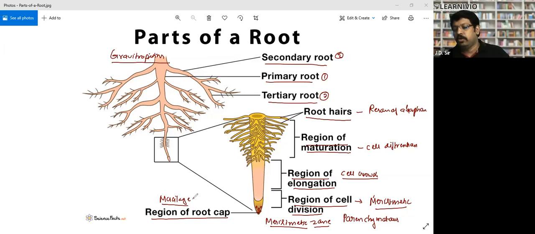It is made up of compactly arranged small thin-walled cells.